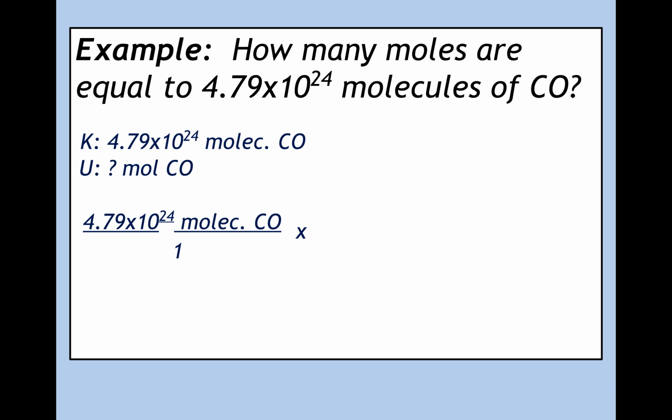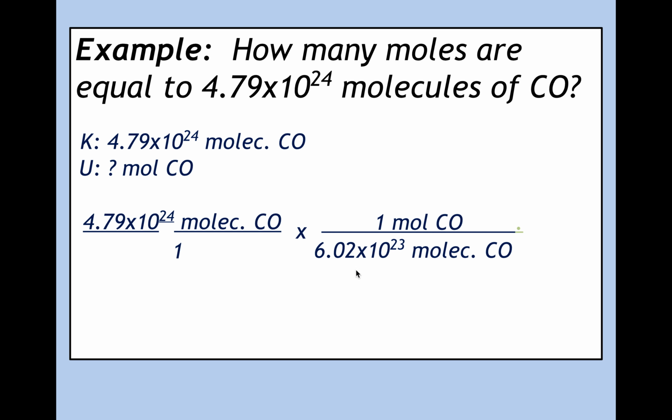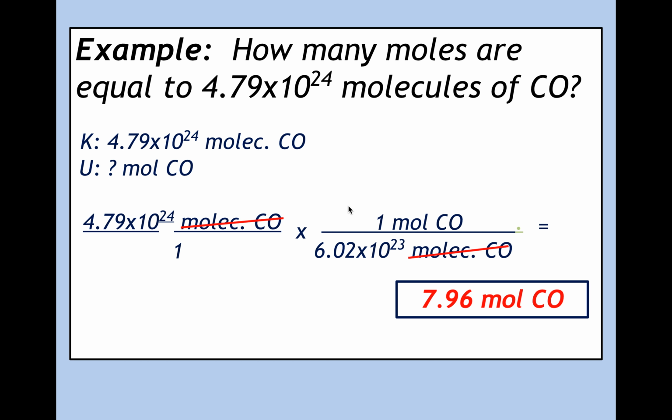Then we multiply that by our mole conversion factor. We're going to have molecules on the top, so we need molecules of carbon monoxide on the bottom. And then it'll be how many molecules are in 1 mole. Make sure our units are crossing off, so we're left with the unit that we're trying to solve for. And our answer is 7.96 moles of carbon monoxide.